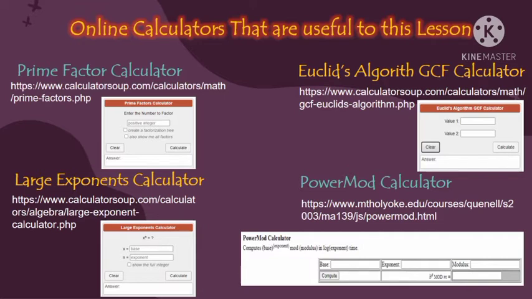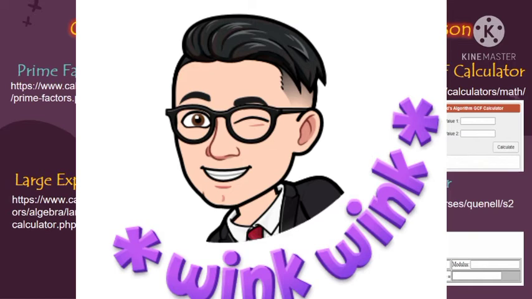The power mod calculator is the useful one because it will give you the least positive residue, which is needed to compute the power mod. You just input your base, your exponent, and your modulo. Then click compute and tada! The answer is there already.